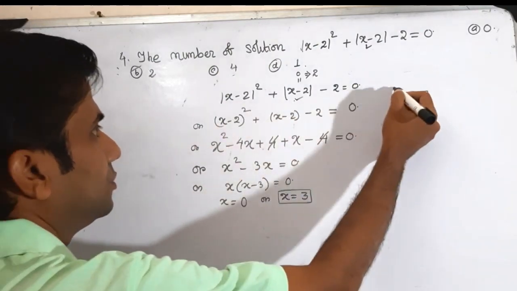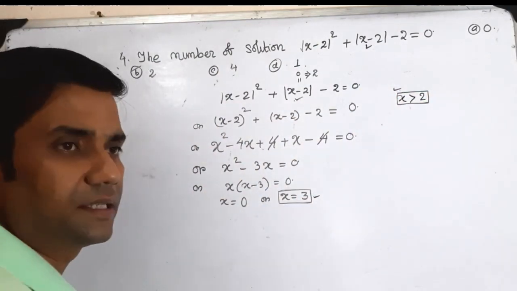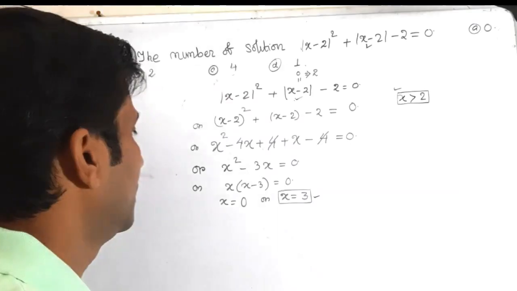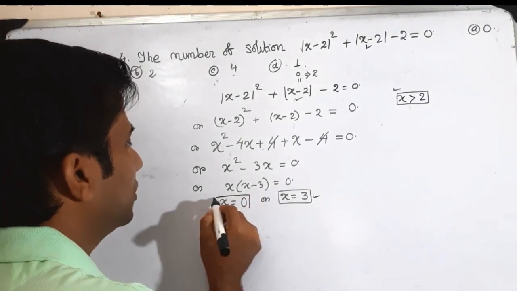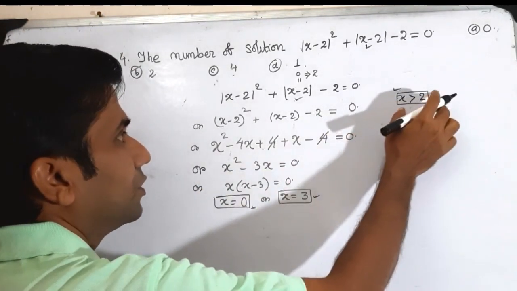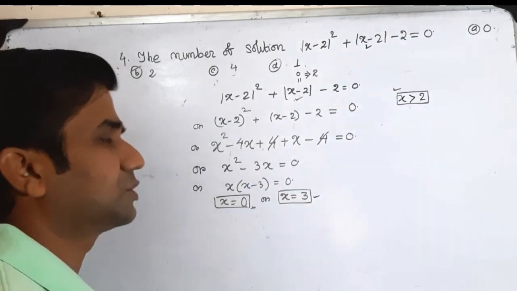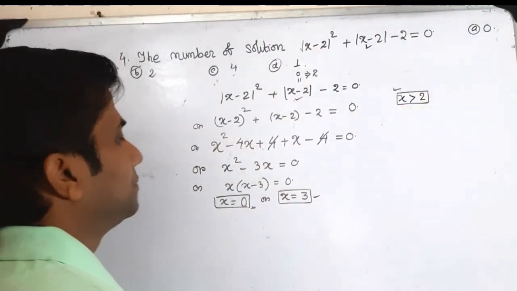If x greater than 2, then the solution is x is equal to 3. X is equal to 0 is not a solution because our condition is that x is always greater than 2.